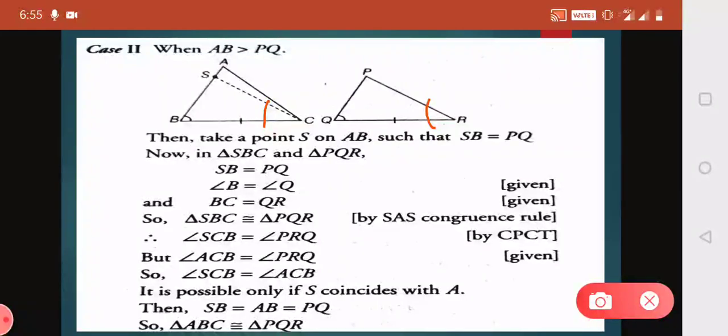So we write angle SCB equals angle PRQ by CPCT, that is, corresponding parts of congruent triangles.